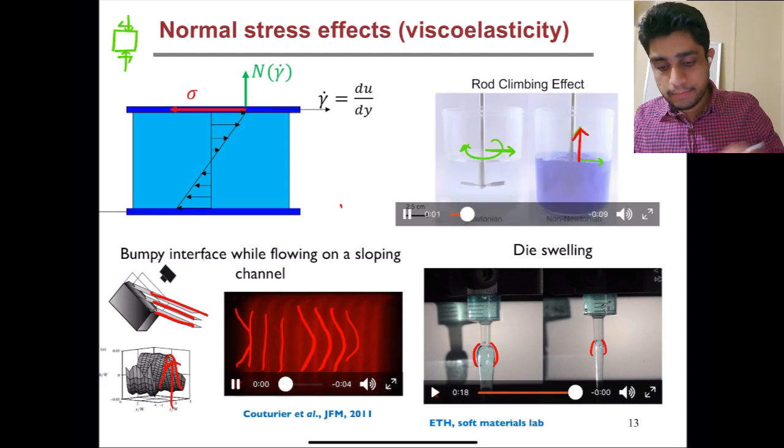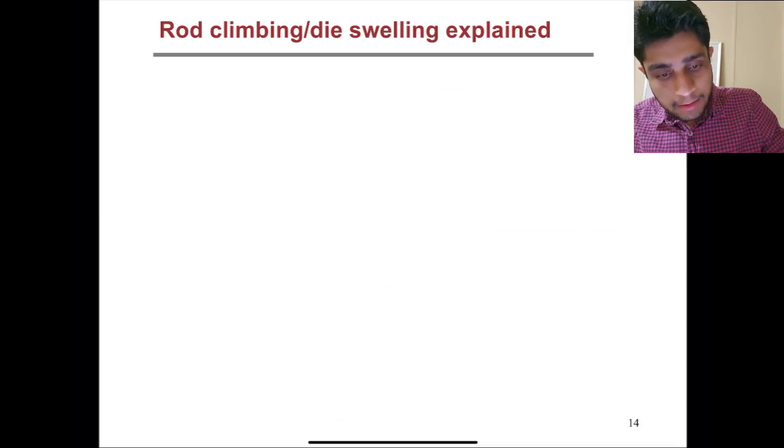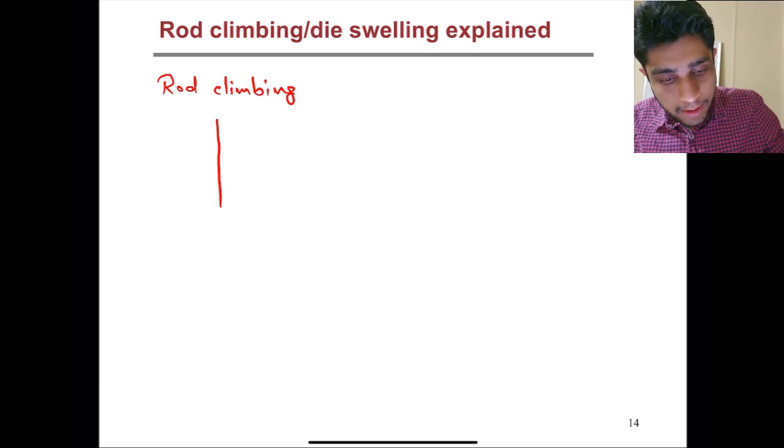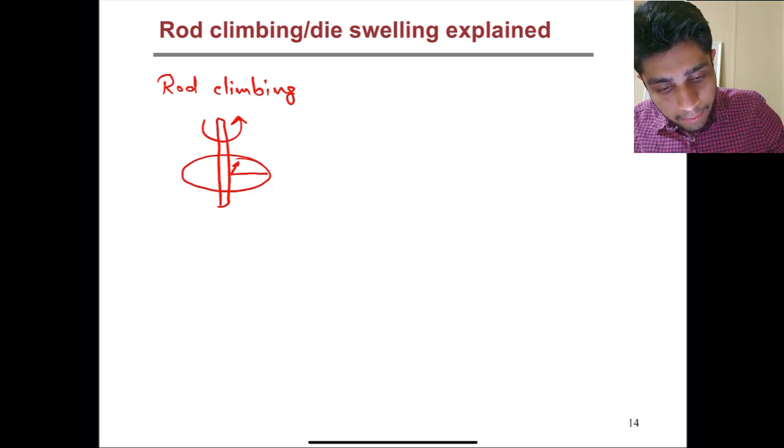Again, as I mentioned, these can be explained by using normal stresses. I'll explain the rod climbing first. If you are rotating a rod like this, and you look at the fluid around it, the velocity in the fluid varies linearly.